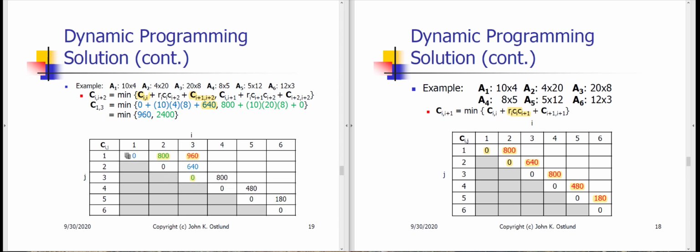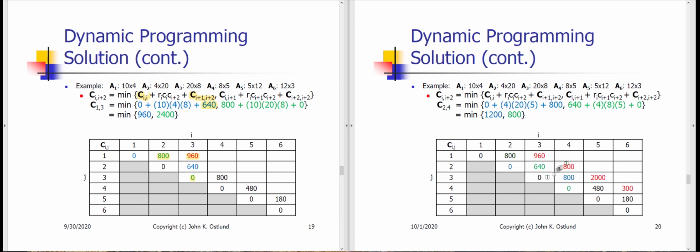We start with all the C(i,i)s, and then we go to the C(i,i+1)s, and then to the C(i,i+2)s, and then we're going to do the C(i,i+3), C(i,i+4), C(i,i+5), and in fact, in that case, it's just going to be C(1,6), because we've only got one cell in that diagonal.